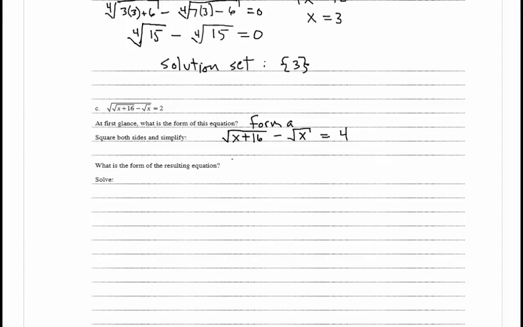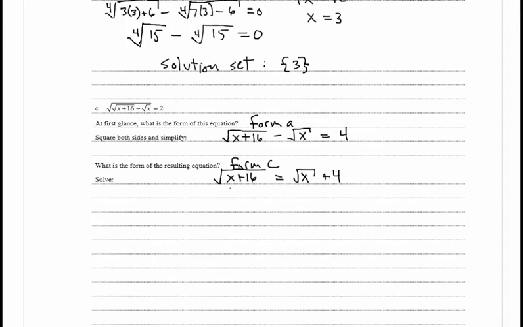And here we're in form C. We have 2 radicals and 1 constant. So now in order to solve it, I'm going to add the square root of x to both sides. So I have the square root of x plus 16 is equal to the square root of x plus 4.